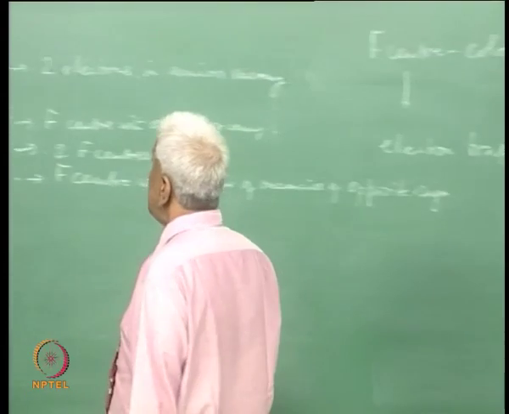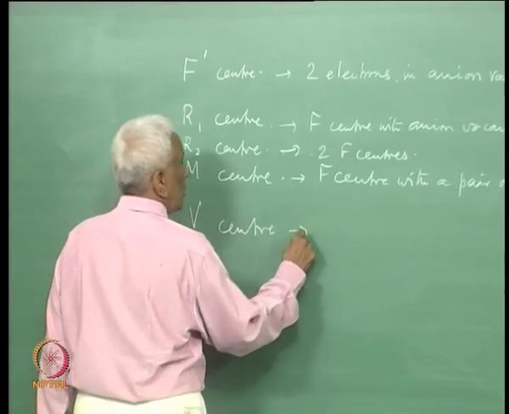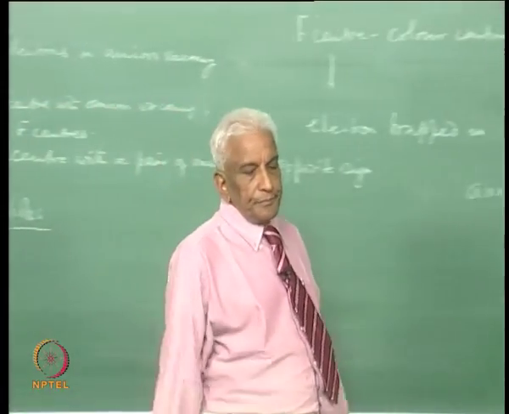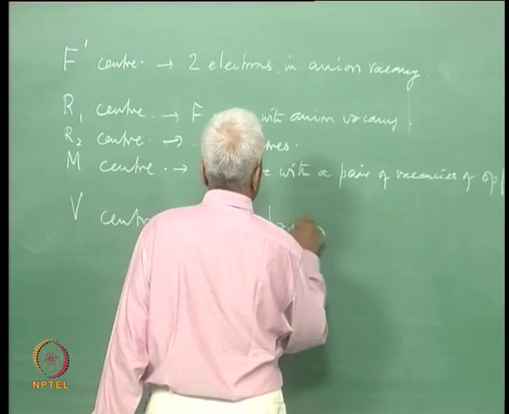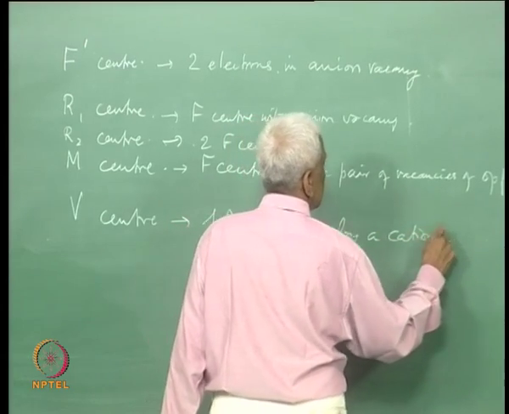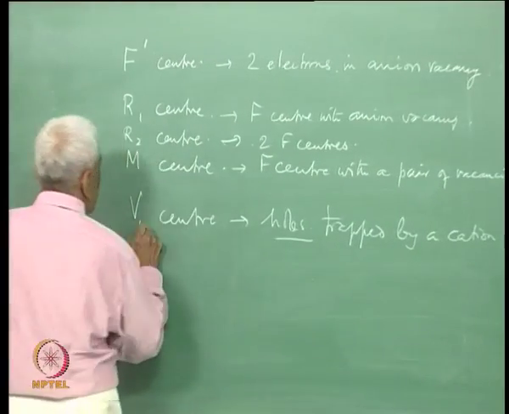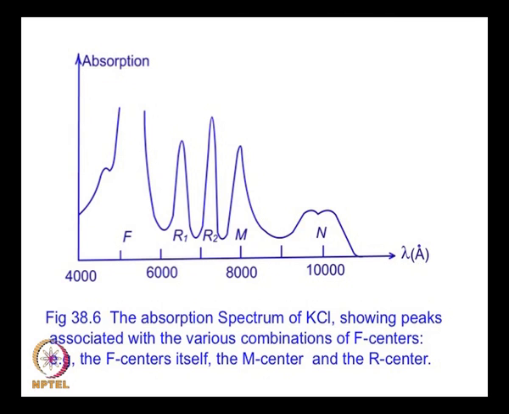Then you have a V center. These are holes trapped in cation vacancies. The most well known type of center of this kind is the VK center. So, this can be generated just by heating alkali halide crystals in halogen vapor.